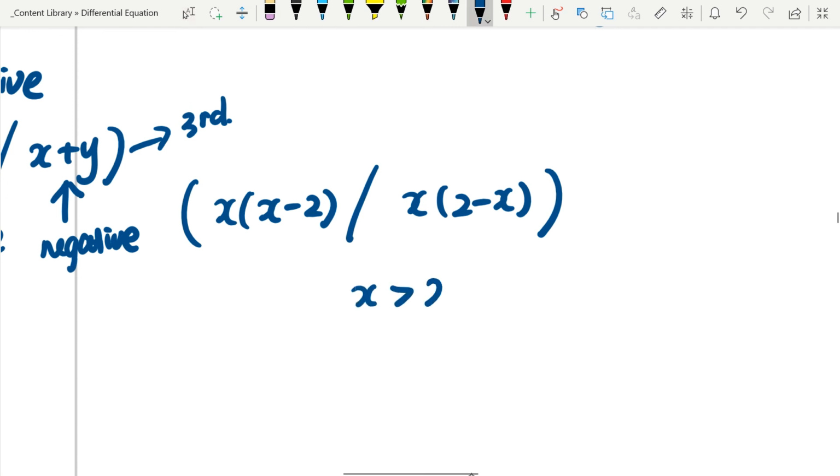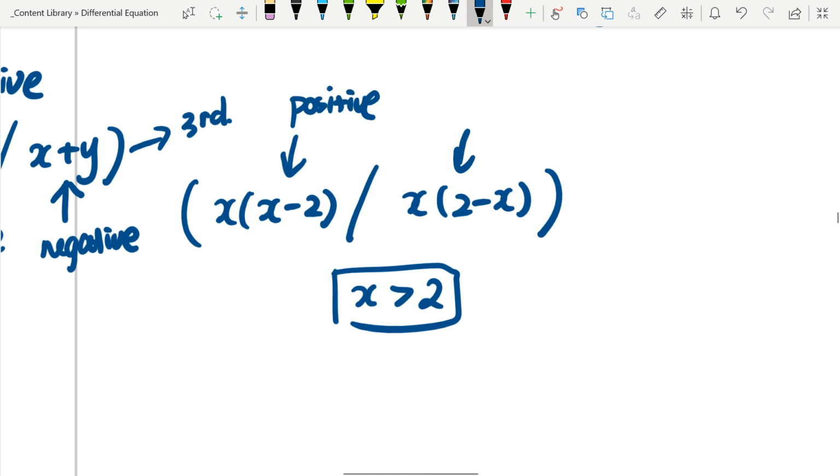I will see x greater than 2. If x is greater than 2, this will give you a positive gradient, and this one will give you a negative gradient. In this case, I can decide which one to pick. So for different questions, you will look at different features, and that's not really uniform.